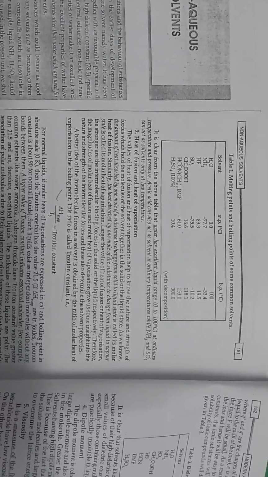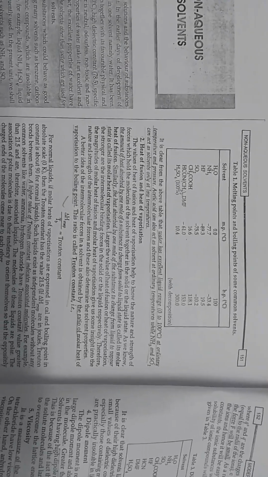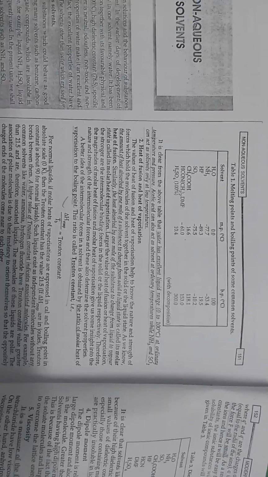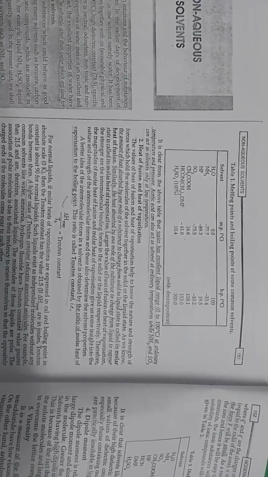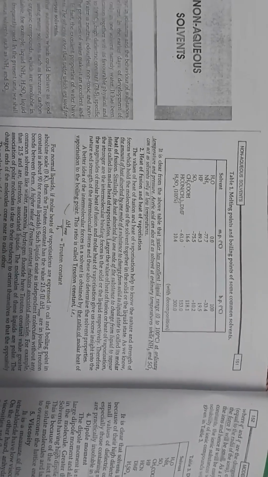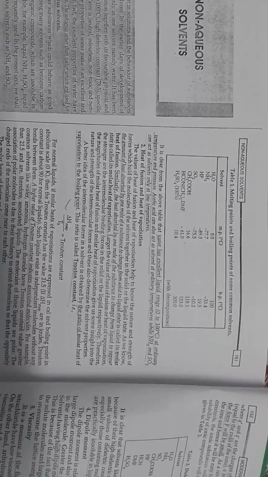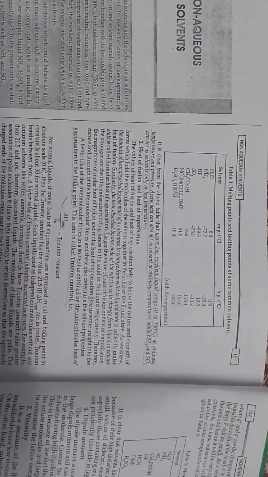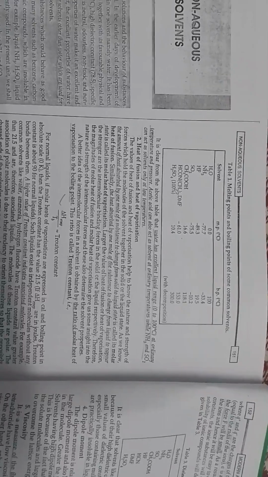CH3COOH: melting point 16.6, boiling point 118.1. HCON(CH3)2, DMF: melting point minus 61.0, boiling point 153.0. H2SO4: melting point 10.4, boiling point 300 degrees Celsius with decomposition.